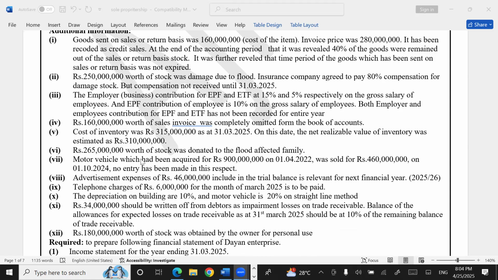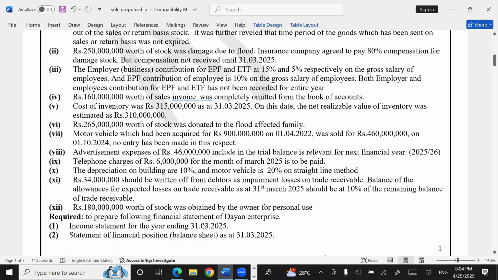Seventh, motor vehicle disposal. Eighth, prepaid advertisement. Ninth, accrued telephone. Tenth, it has given depreciation rates for building as well as motor vehicle, on a straight line basis. Eleventh, bad debts and doubtful debts adjustment, and the last one, stock drawings. In this example, there are 12 adjustments.